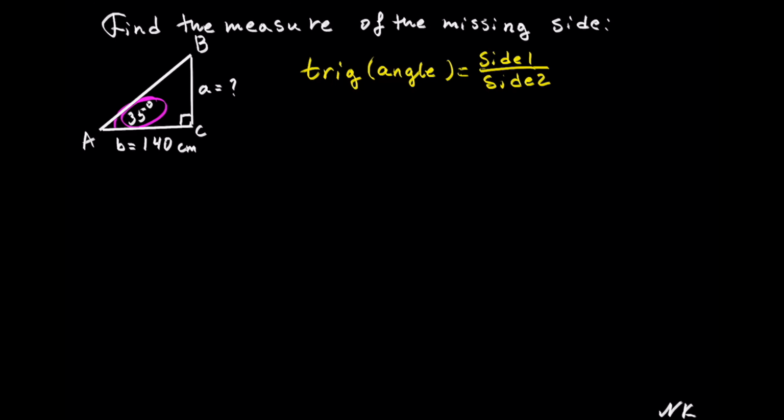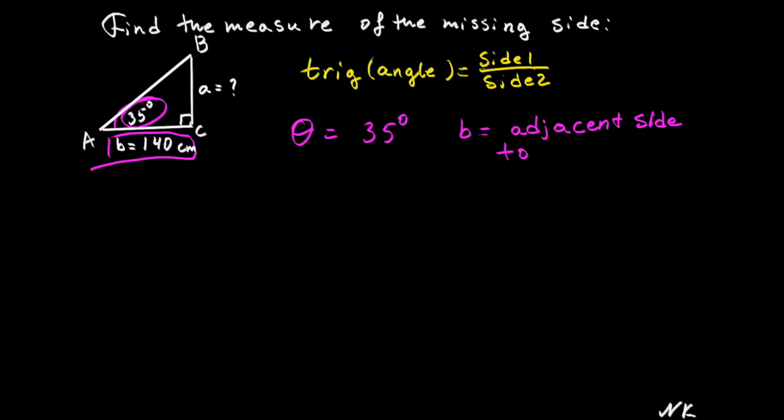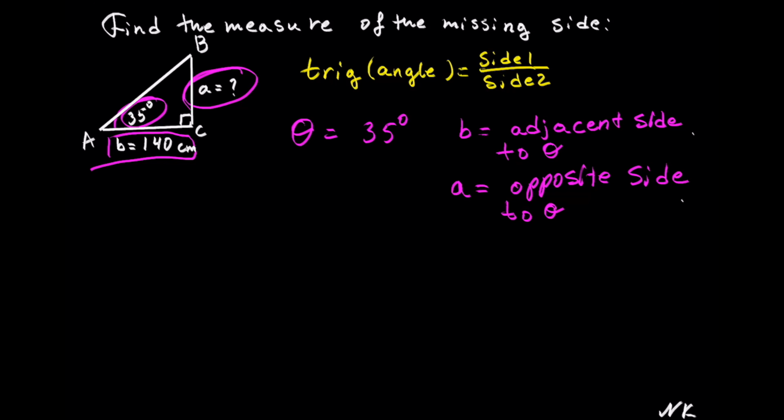We have an angle, so let's say angle theta is equal to 35 degrees. We have side B. Side B is the adjacent side to our angle, and we are looking for the opposite side A. The trigonometric function that uses the ratio of adjacent side and opposite side is tangent or cotangent.